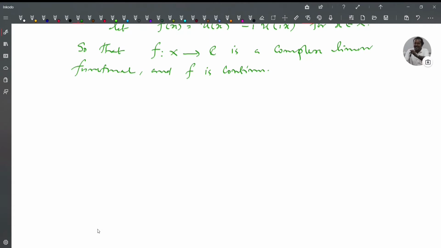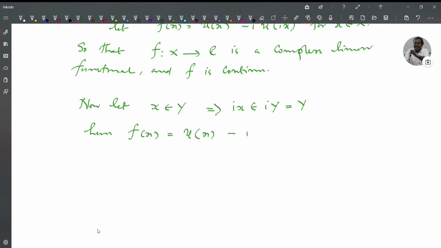Now let x belongs to Y. So this implies ix belongs to iY, iY is equal to Y. Hence, f of x is equal to u of x minus i u of ix.